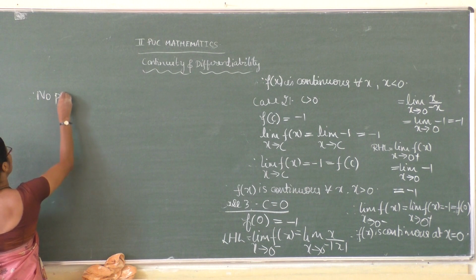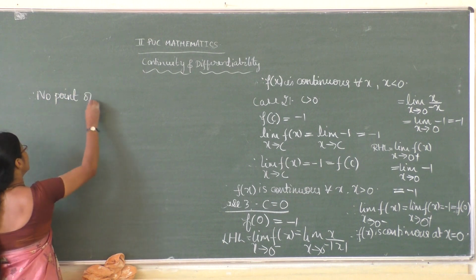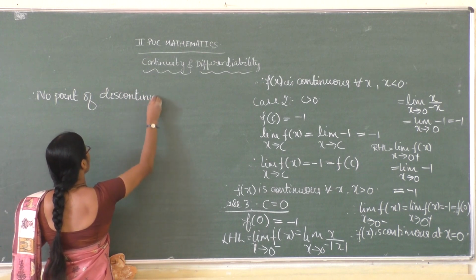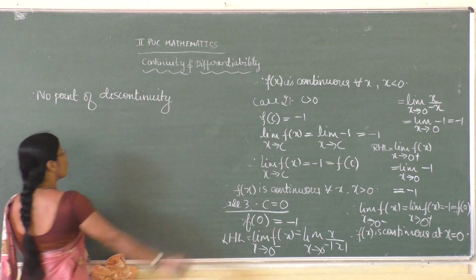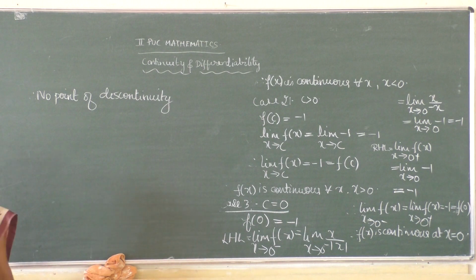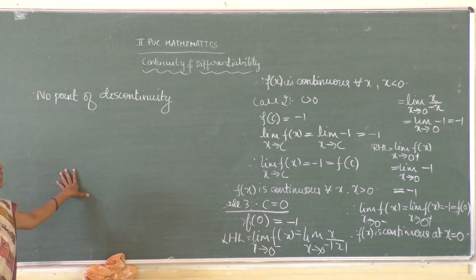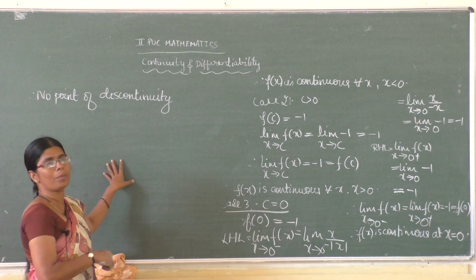No point of discontinuity. Okay, so this is how we take the points of discontinuity for different types of functions. I hope that all of you understand this particular concept. Try to solve some more problems.